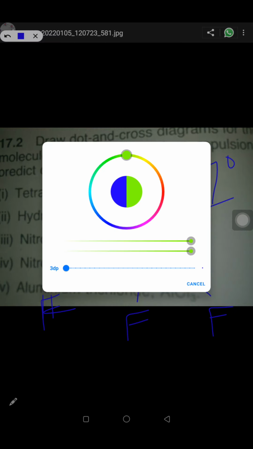So it's a distorted trigonal pyramid. The bond angle, I want to say, could be 107. Okay, 107. It's not going to be up to 109.5, or up to 120, because it's a distorted shape. So it's going to look like that. Now the next one is nitrogen monoxide.